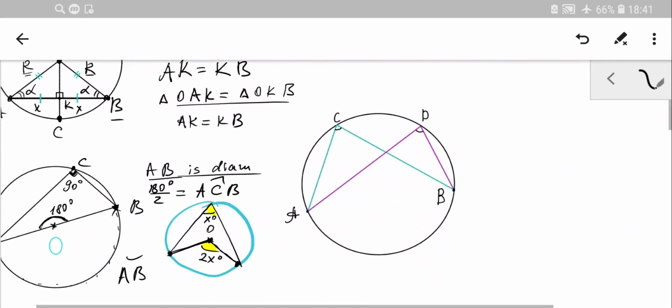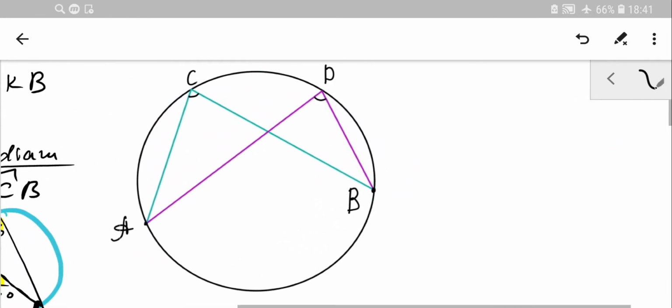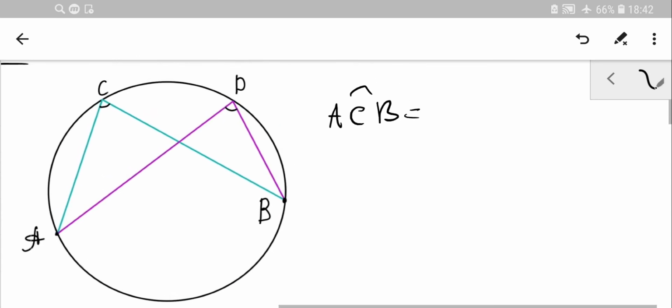Okay, this is kind of an extra that might be helpful in your consideration. All right, so we also have inscribed angles, right? And the measure of any inscribed angles will be the same. For example, angle ACB will be equal to the angle ADB.